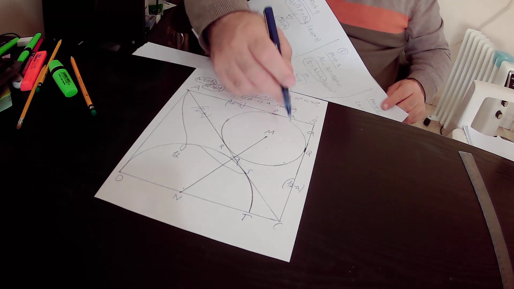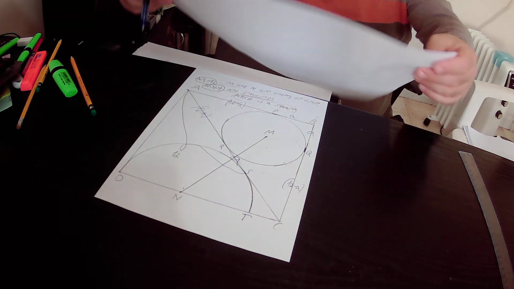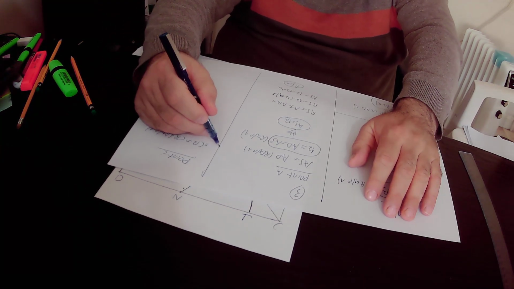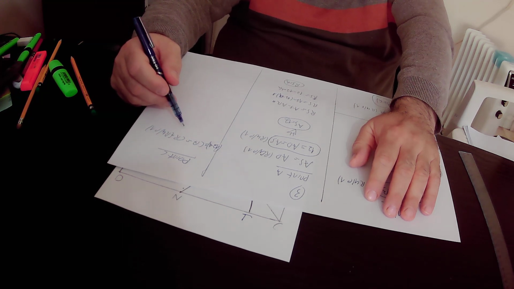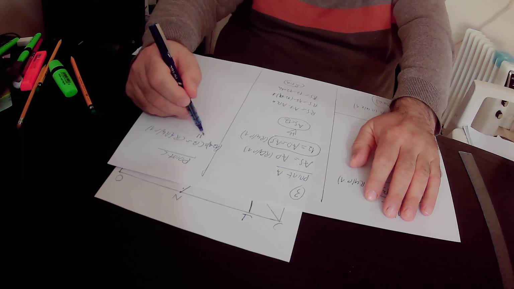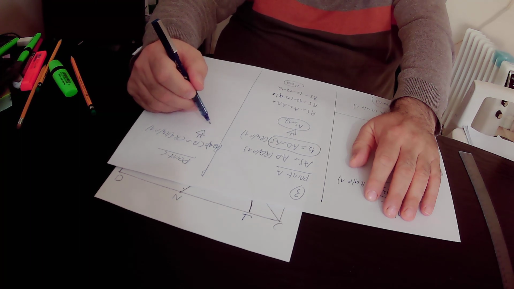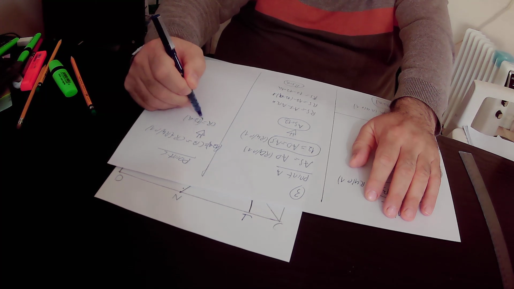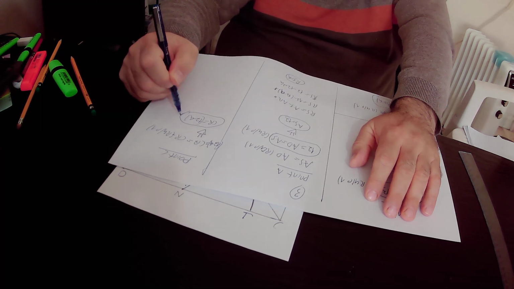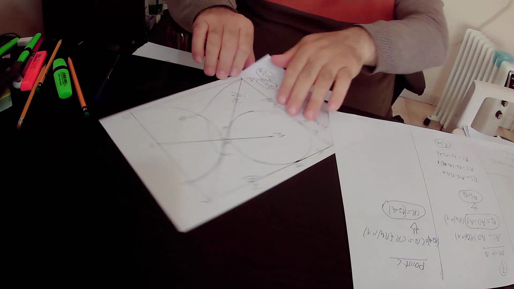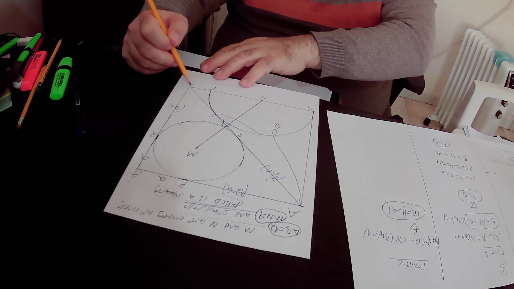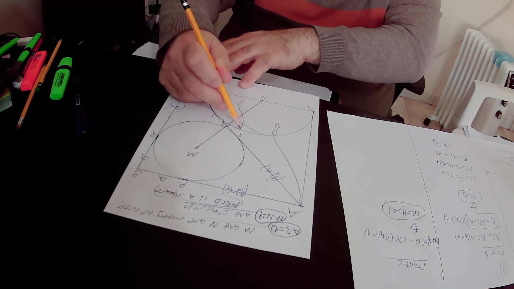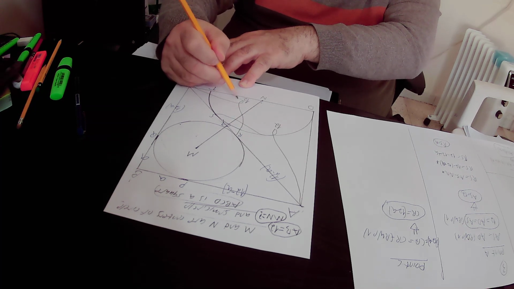But we have already found out that CQ equals 12 minus A. And from this equation, 12 minus A equals CQ equals CR, we will derive that CR is also equal to 12 minus A. So we can write here that CR is equal to 12 minus A.